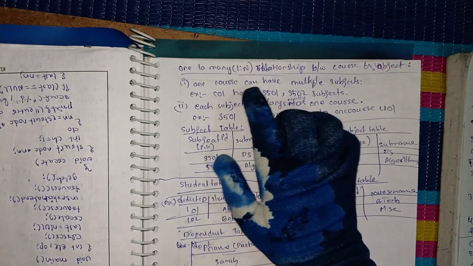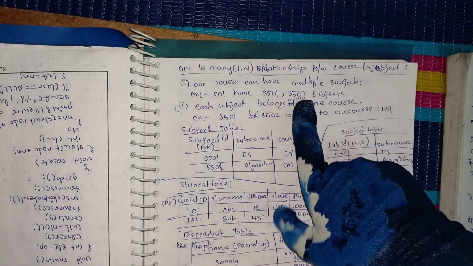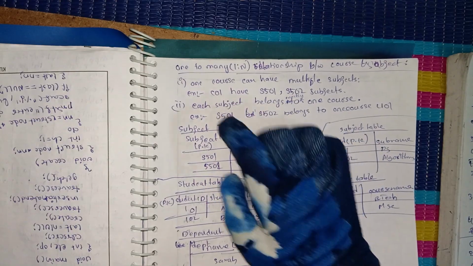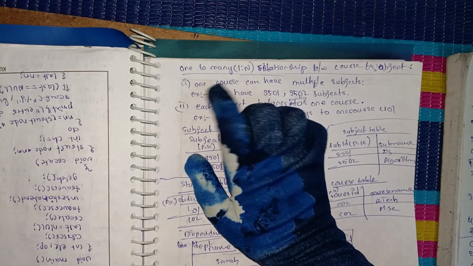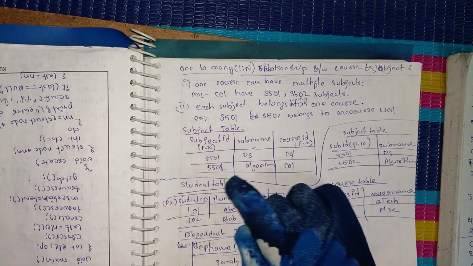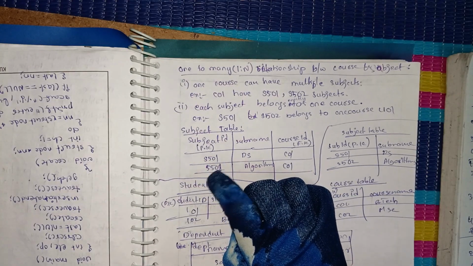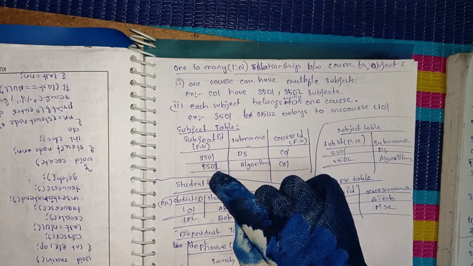Here one course can have multiple subjects. We are stating a statement from left to right: one course can have multiple subjects, like C01 has subjects S501 and S502.